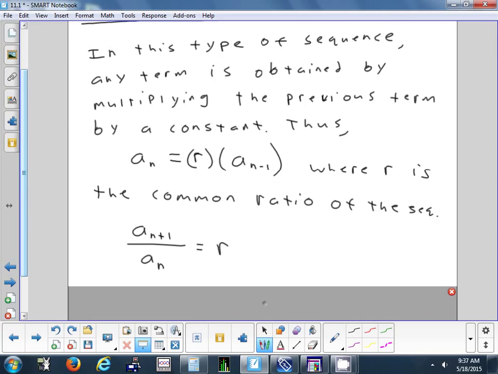So it's a little different. Okay, so there's an example of a geometric sequence. And if you want to know the common ratio, take any term, and then take the one before it and divide them. 16 divided by 8, 2. 8 divided by 4, 2. 4 divided by 2, 2. Okay, so in this case, common ratio is 2.